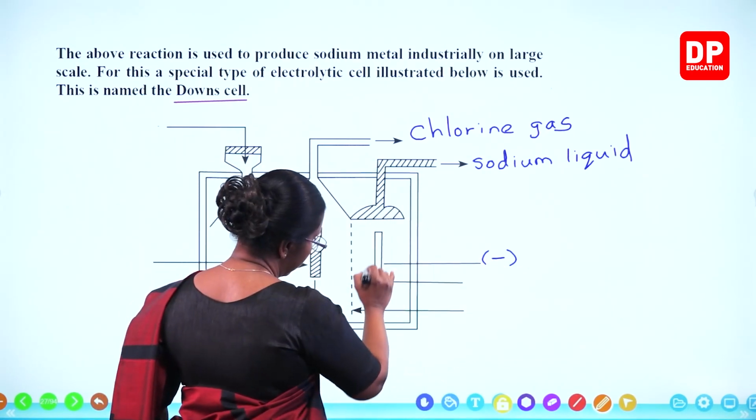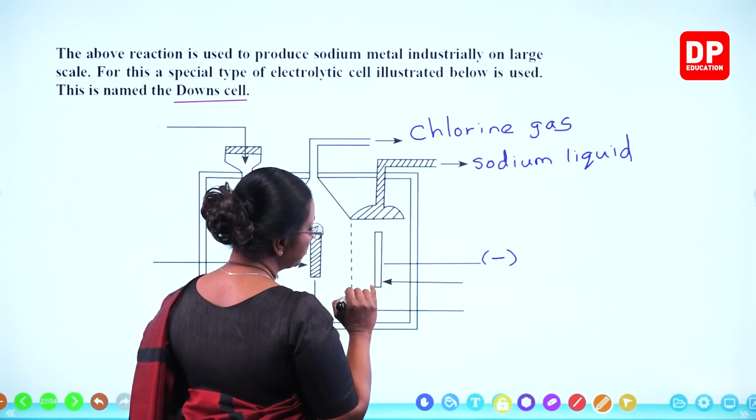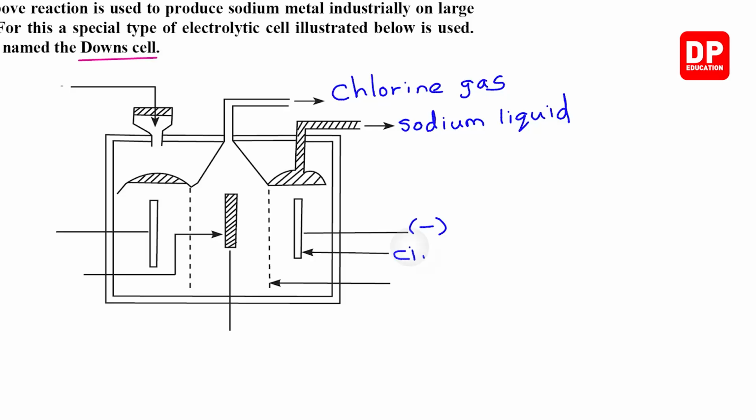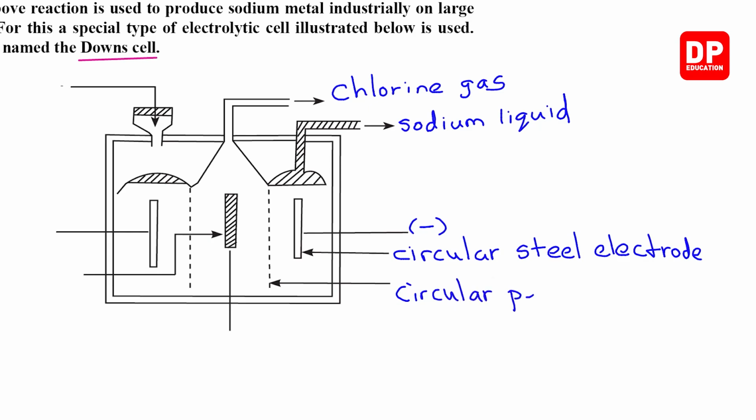This is the negative electrode and this is going to be a circular steel electrode. Then we have a circular perforated steel diaphragm.